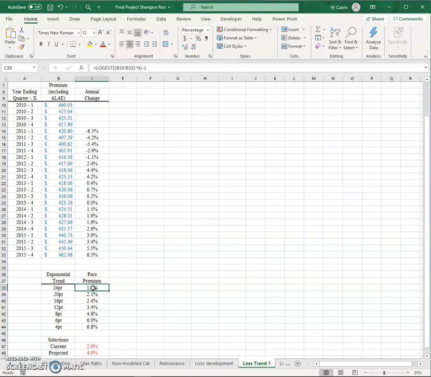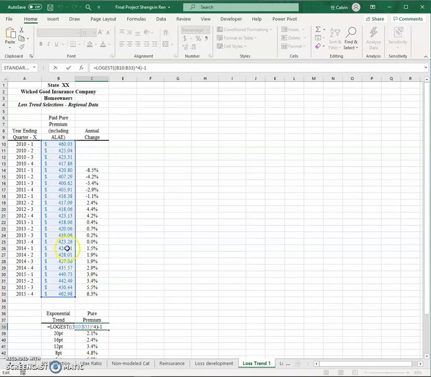To find the pure premium trend, this is just to figure out the legislative change. So I use the formula LOGEST, and choose 24 points. We choose all the numbers, and the reason I choose 4 is because it's quarterly, so we need to raise to the fourth, and minus 1 we can figure out the rate.